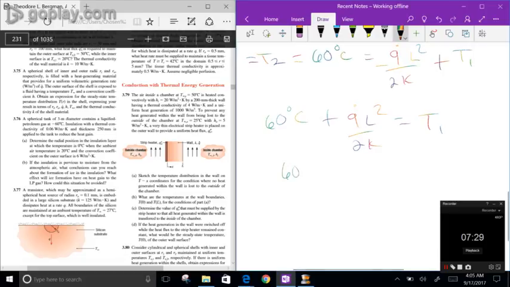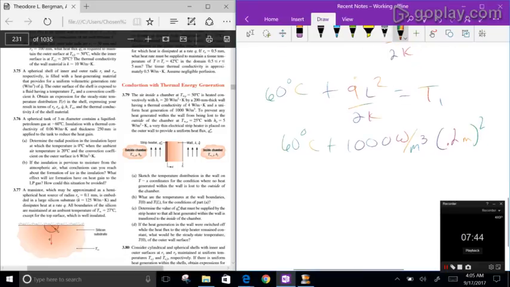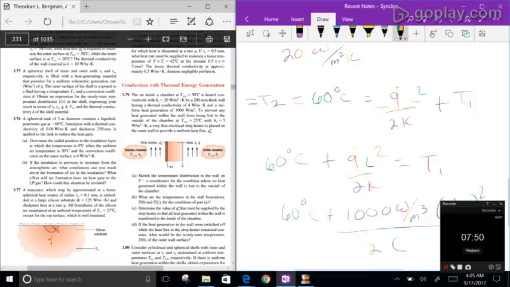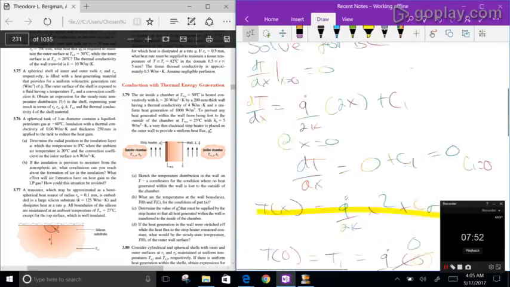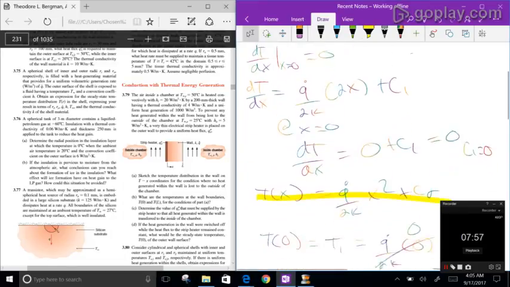Alright, so 60 degrees C plus 1,000 watts per meter cubed times 0.2 meters squared over 2 times the k value of the wall, which is 4 watts per meter Kelvin.